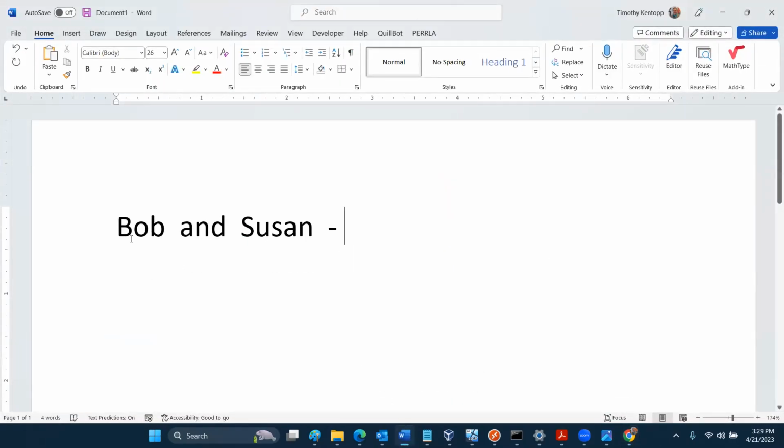So Bob has a public key and Bob has a private key that was created for Bob to use. Susan has a private key and a public key for Susan to use. Now, before they start sharing information, either Bob or Susan has to share one of their keys with the other. Which key will Susan share with Bob?